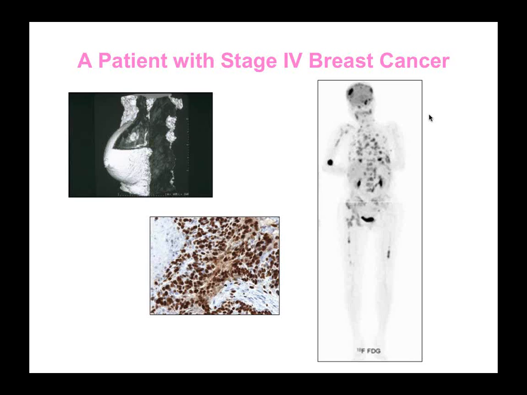And then you can see her PET scan on the right of your screen, and this shows multiple areas of cancer spread in the body, in the chest, in the liver, in the bone. And so this was her initial diagnostic evaluation and staging. This is, again, not common to be diagnosed with breast cancer at stage 4. Certainly that can happen. Depending on the type of cancer, the likelihood of being diagnosed at an early stage versus a more advanced stage is really very different depending on the type of cancer.